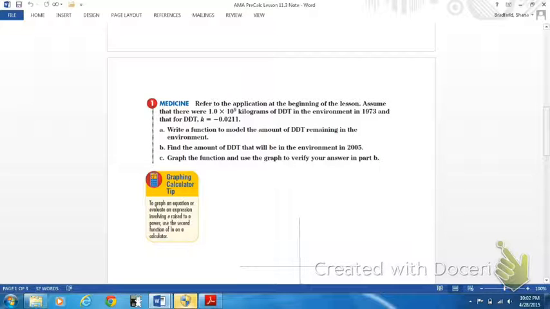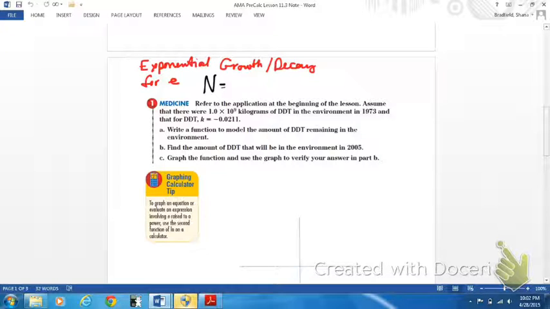We have a special exponential growth and decay function for the term e, and it looks like this: N equals N sub 0 times e to the kt exponent.